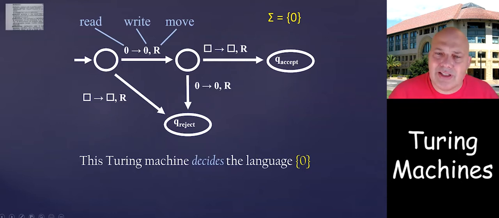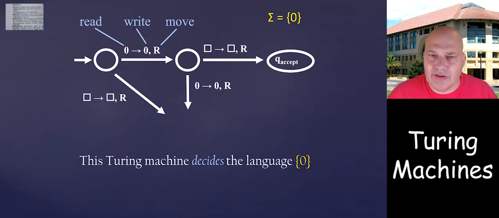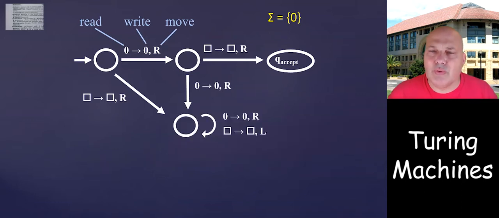This is why we say that the Turing machine decides the language. It really decides for every string, is it accept or reject. There is another option. Let's assume that this state that was explicitly rejecting would be replaced with another state that is a sink.